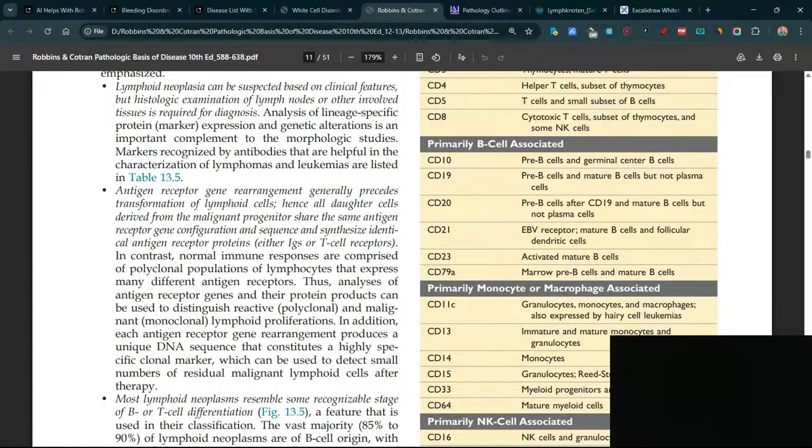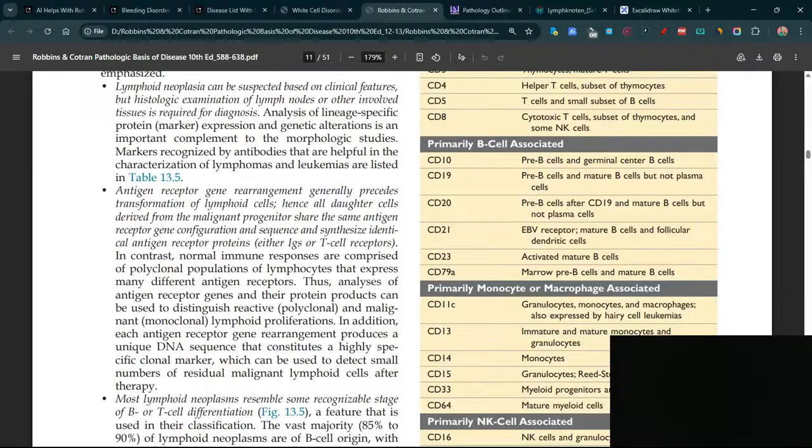In contrast, normal immune responses are comprised of a polyclonal population of lymphocytes that express many different antigen receptors. Thus, analysis of antigen receptor genes and their protein products can be used to distinguish reactive and malignant monoclonal lymphoid proliferation.